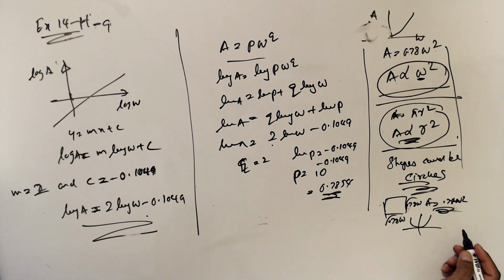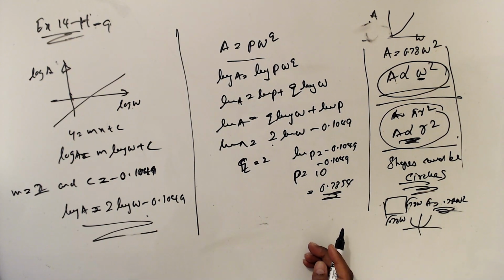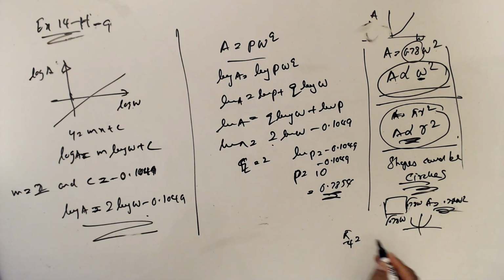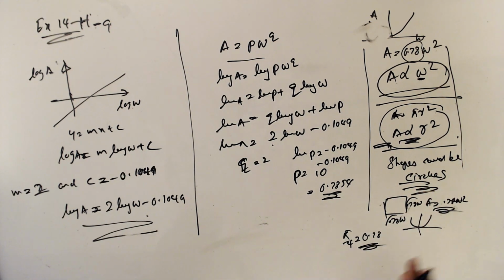So my feeling is the person who made this sum is the exact person who knows. But I can see this is pi divided by 4 circle, corresponding to the 0.78 value. Hopefully this is going to be circle. So I leave this one.